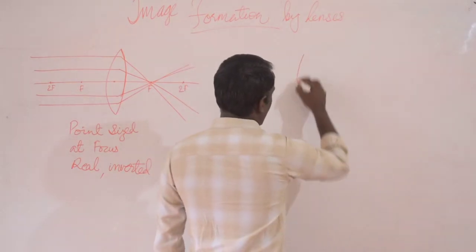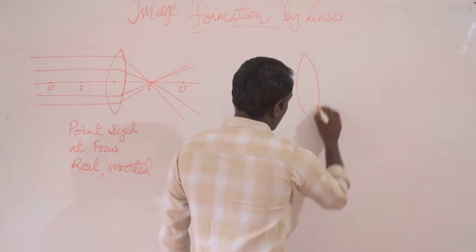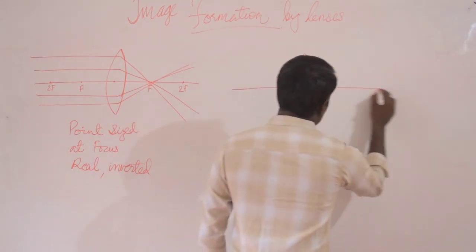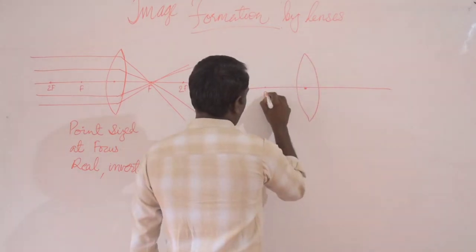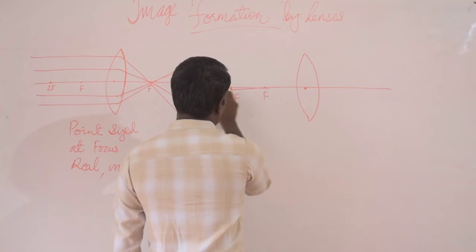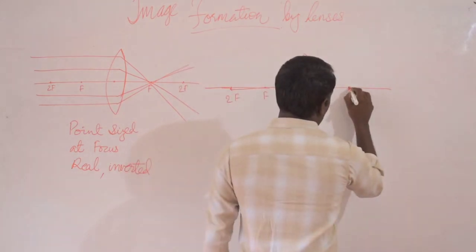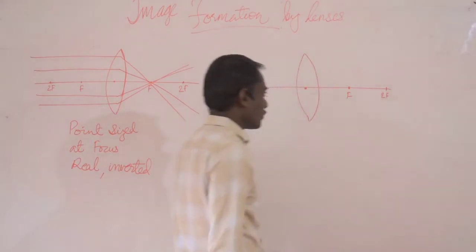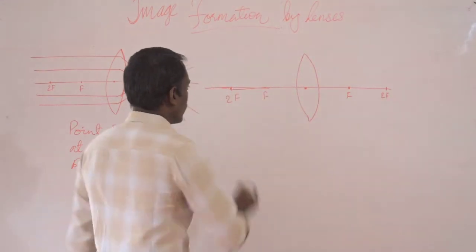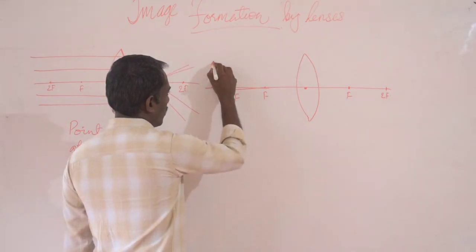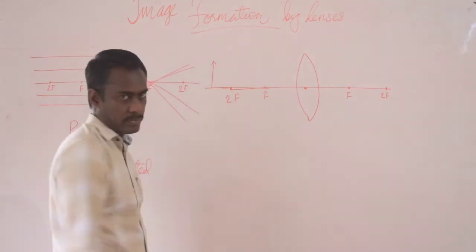consider another convex lens, with optical center, F, 2F, here F, 2F. Now, here the object is kept beyond 2F.